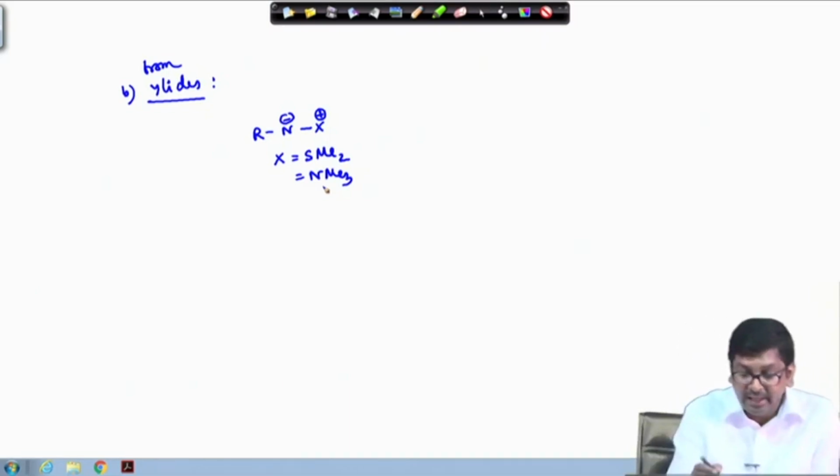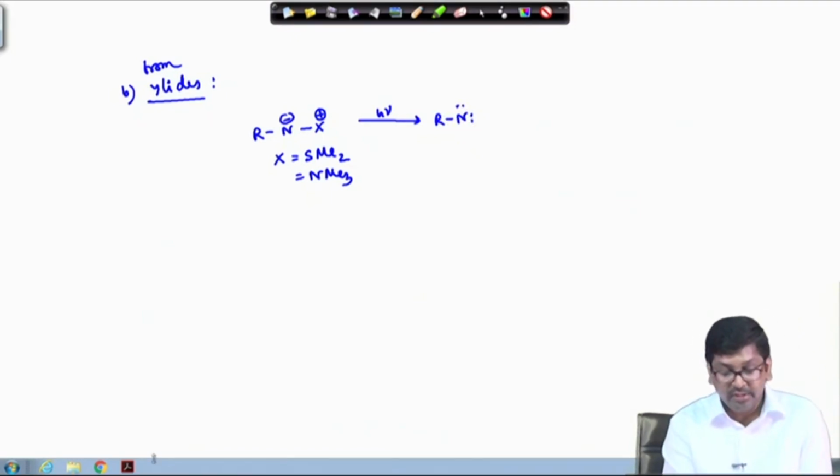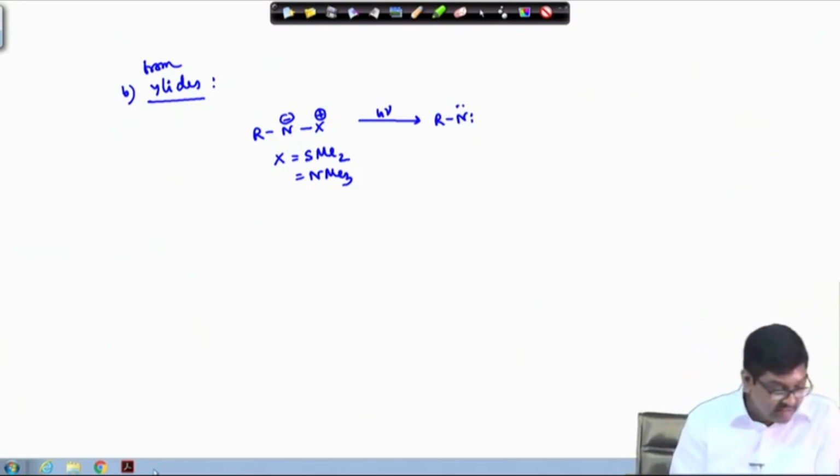So, they are actually giving this type of ylides, and these are called iminophosphorane or iminosulfurane, and these iminophosphorane or iminosulfurane in presence of h nu actually give the corresponding nitrene. We will see later many examples with those things.